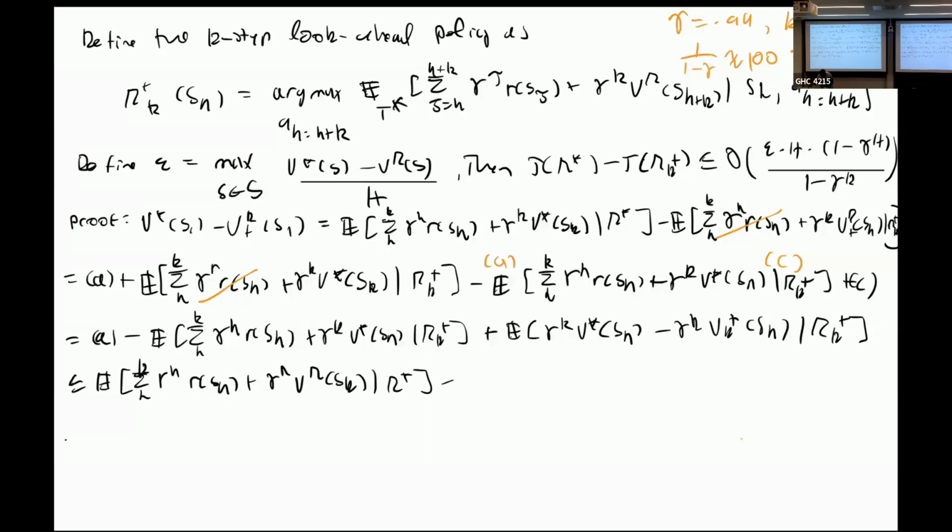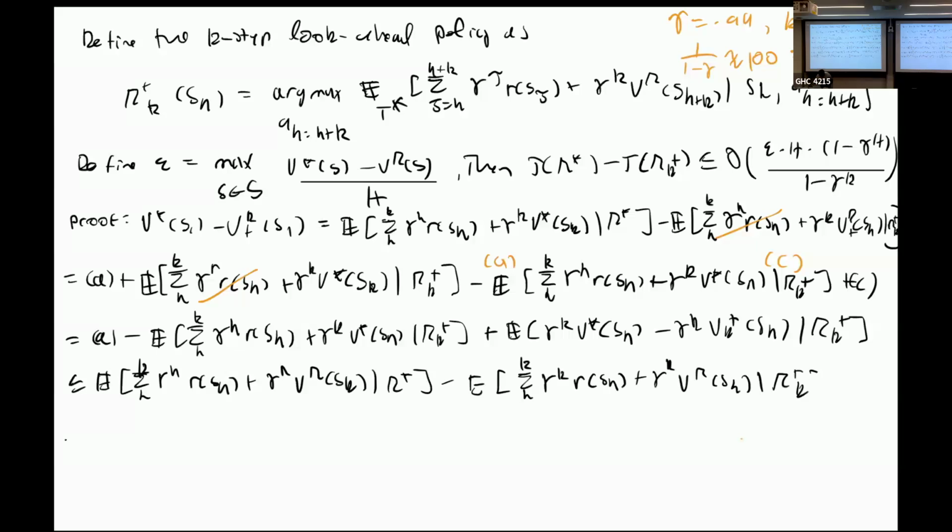Then I'm going to get the term where I have the sum to the K of gamma to the H R of S_H, plus gamma to the K V pi of S_K, conditioned on taking actions according to pi.